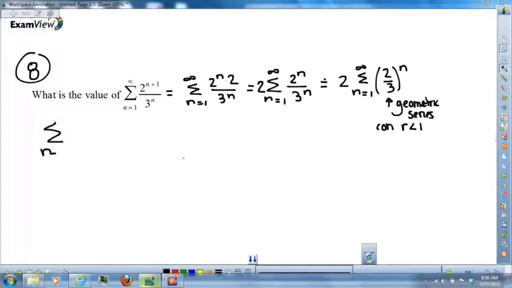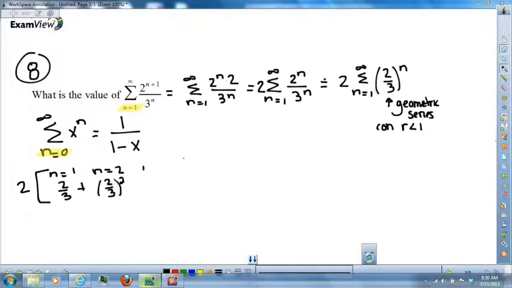If you remember, the sum of a geometric series is going to be 1 over 1 minus x. But we need to be careful because that's usually when n equals 0. When n starts at 1, my series looks a little bit different because the first term is not 1. The first term is actually 2/3.